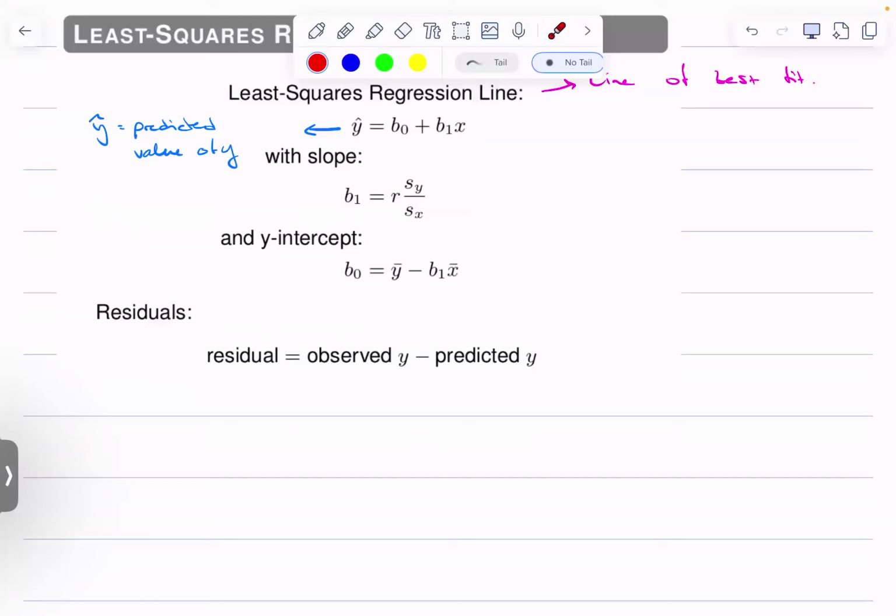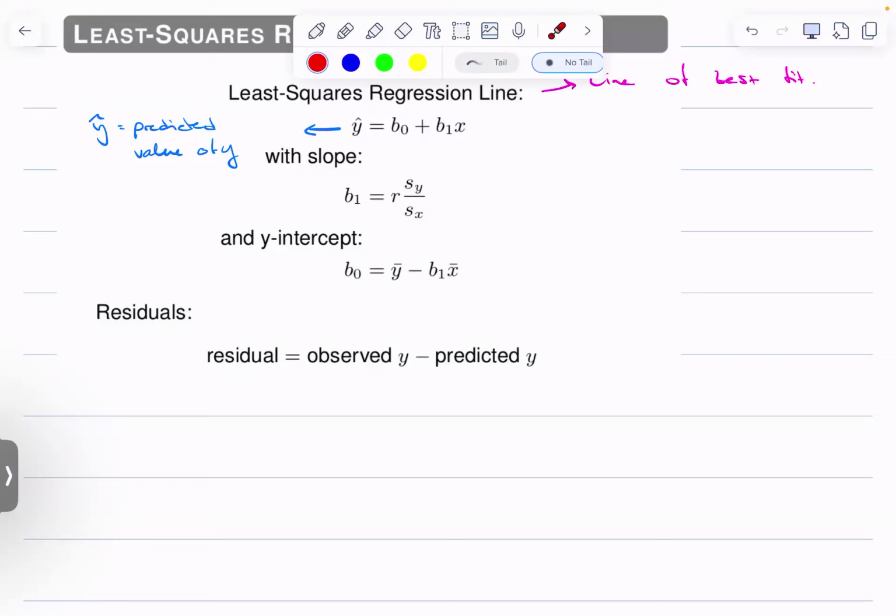So now, if you have to build this line, the first thing you're going to do is find the slope. Well, the slope takes the correlation, which we just saw. So either I give it to you, right, or because you need SY and SX here, we've already got those, if I gave you the covariance, right? And so still only 3 pieces of information so far that you'd need.